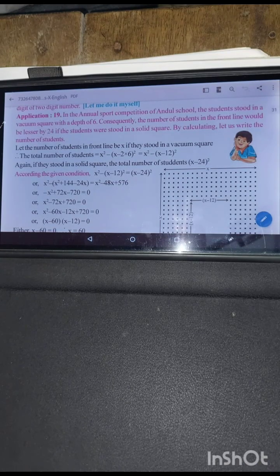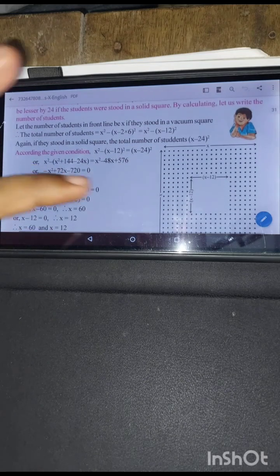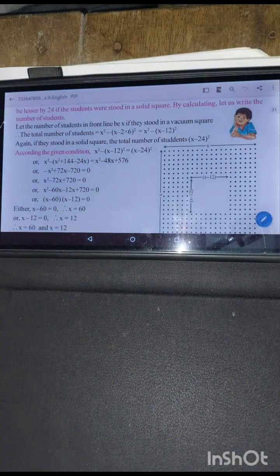Let us now discuss application 19. It says, in the annual sport competition of the school, the students stood in a vacuum square. That means there is a vacant position, which is a square.